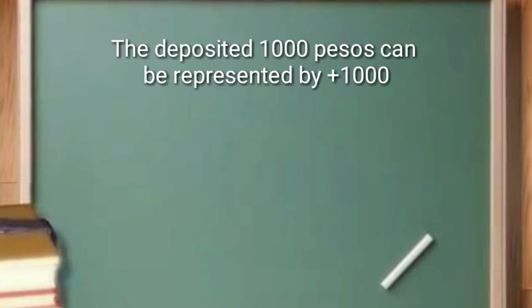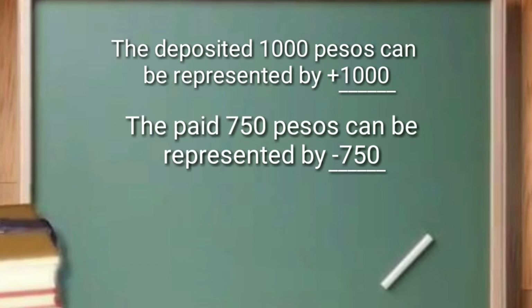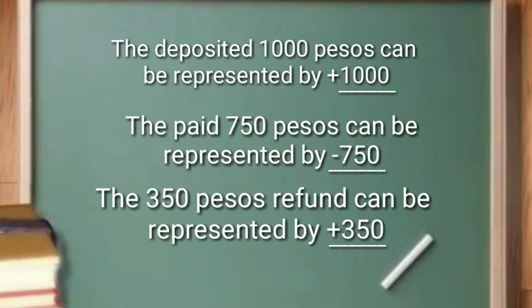The deposited 1,000 pesos can be represented by positive 1,000. The paid 750 pesos can be represented by negative 750. The 350 pesos refund can be represented by positive 350.